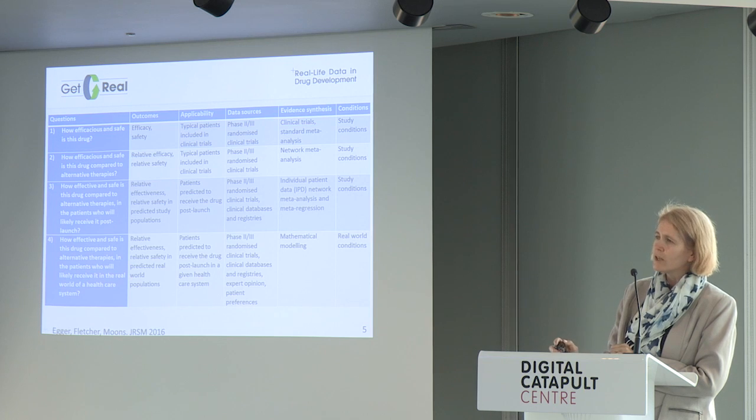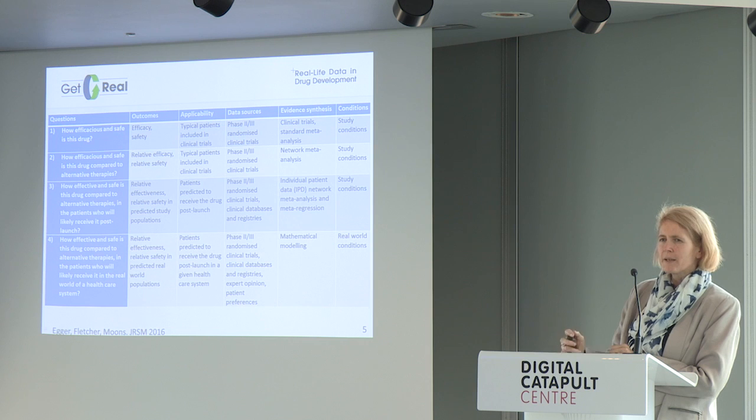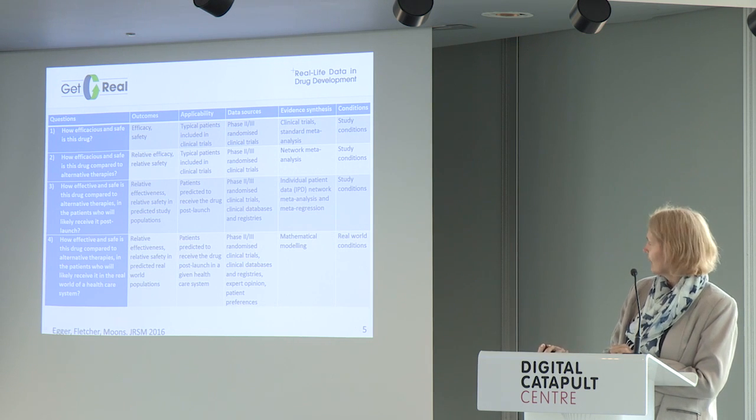And the fourth one is, well, how effective and safe is this drug going to be compared to our comparators in those who are likely going to receive it in the healthcare systems where patients are being treated? So this is our real-world kind of scenario. So we're looking at what patients are going to get the product in the real-world setting. Can we predict that?